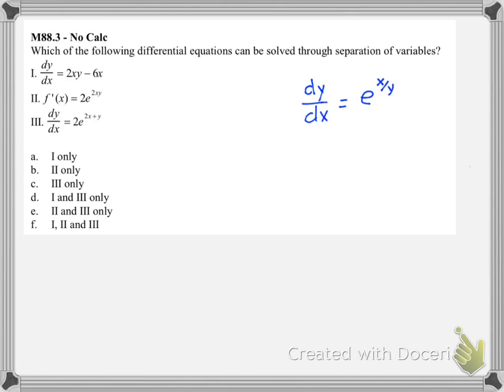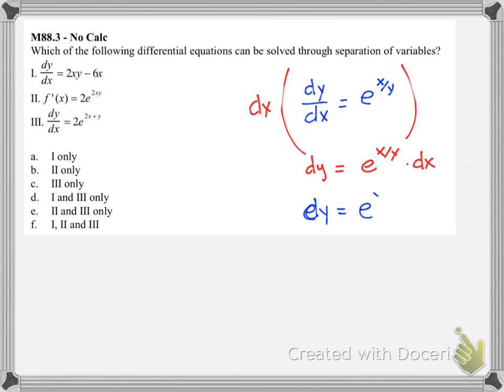Let's look at this last one. We could multiply everything by dx, and we'd have dy equals e to the x over y dx. But I haven't separated the x and y yet in the exponent. So I could think of this as an exponential equation where we have dy equals e to the x to the power of 1 over y dx.